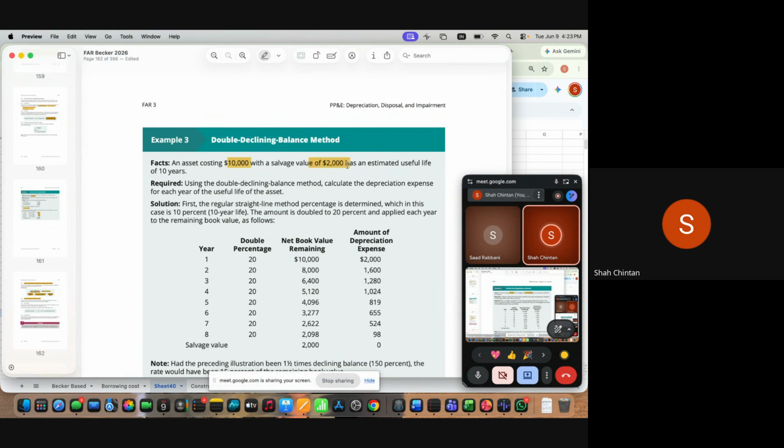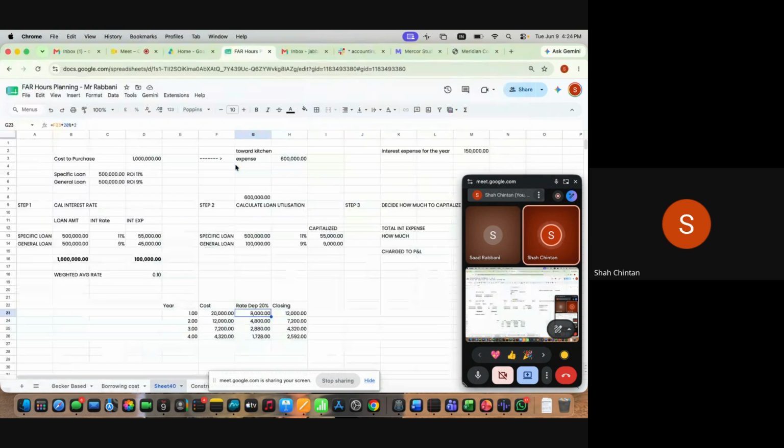Now salvage value needs to be ignored because your asset will be depreciated either quicker or slower, but it will not be exactly 10 years. So salvage value has to be ignored when you are calculating a WDV method or a declining method. Now what we are saying is that your useful life is 10 years, so your normal rate of depreciation becomes 10%. So year one, what is your normal depreciation? 10,000. Let's prepare the maths here.